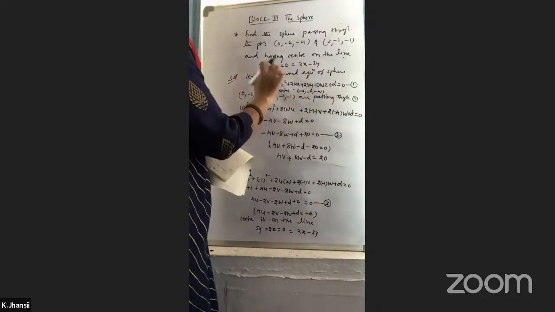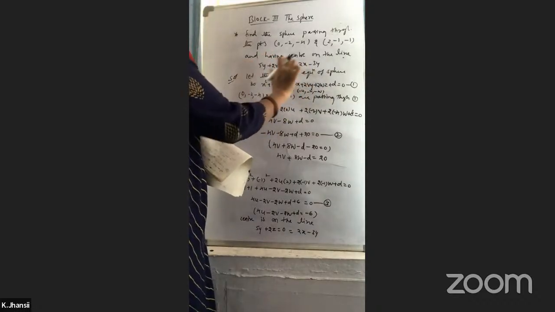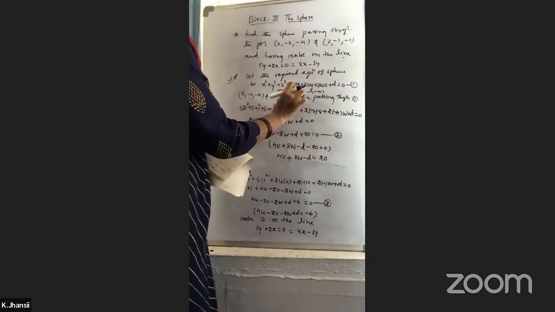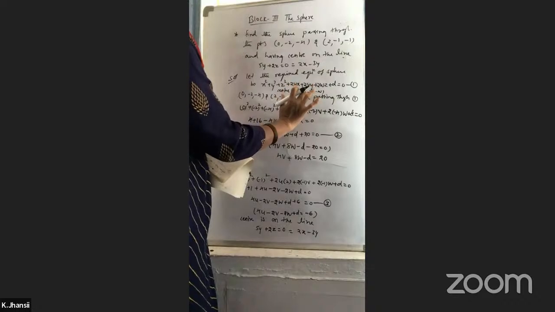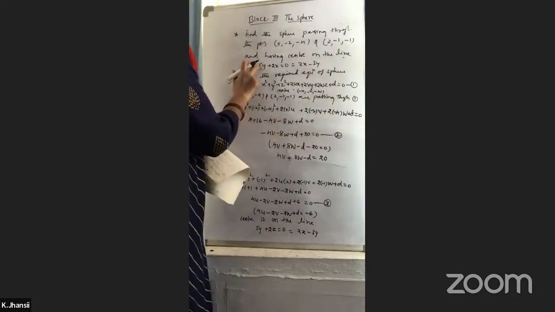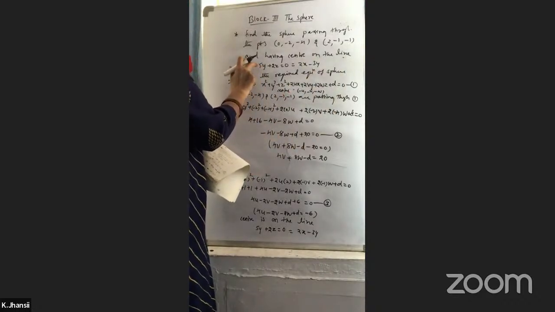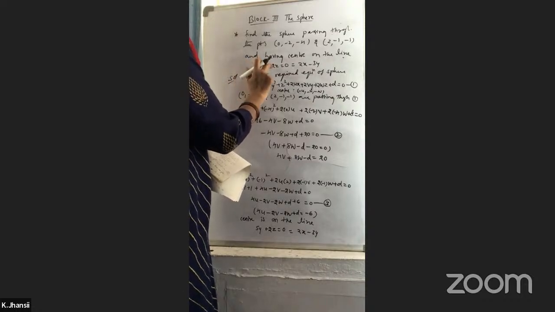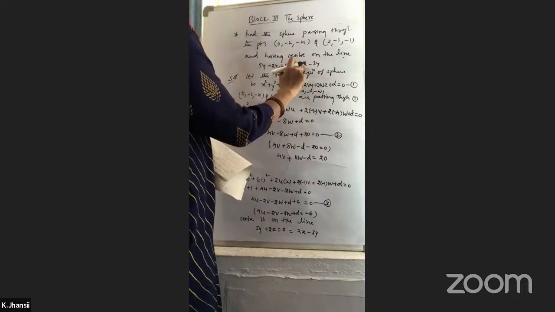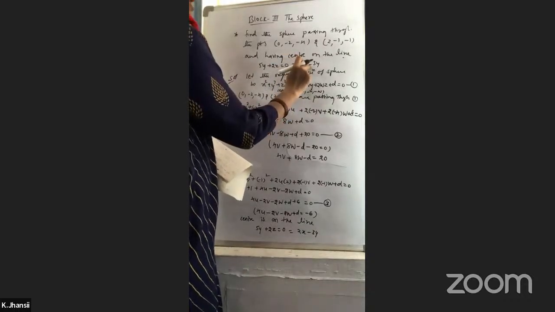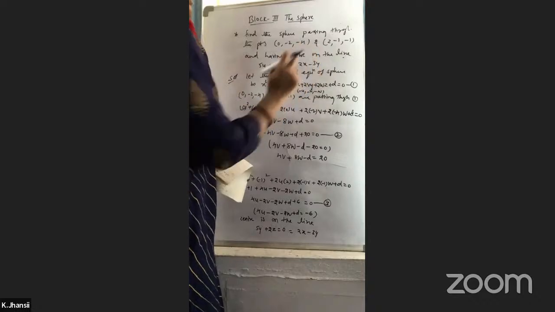So in place of x, y, z, you have to substitute minus u, minus v, minus w. So here it will become minus 5v minus 2 into w. This is minus 2 into u, minus of minus, it will become plus 3v.